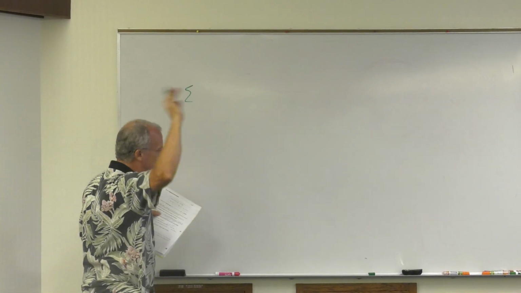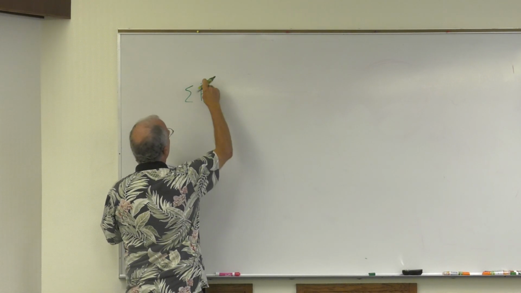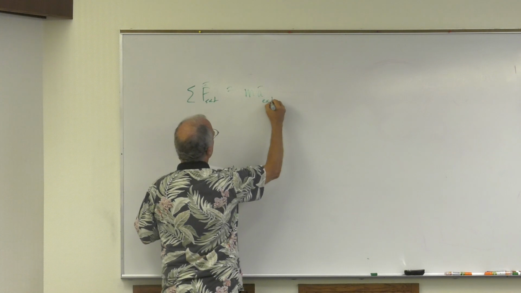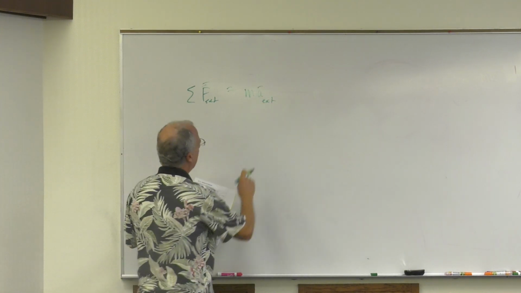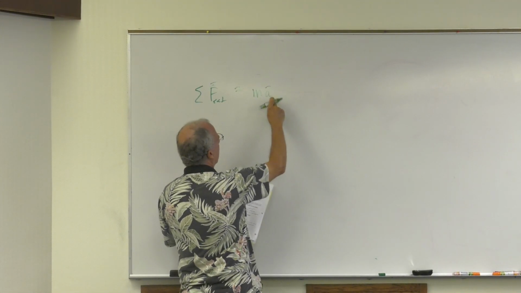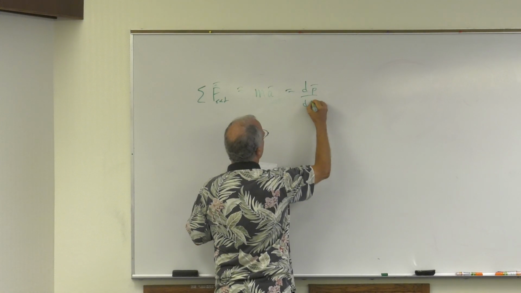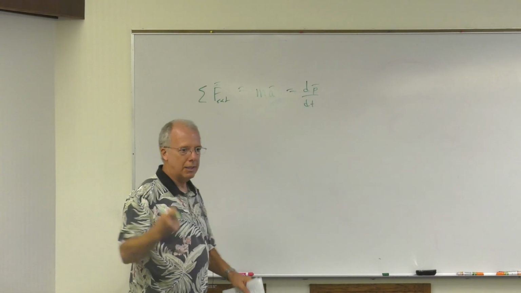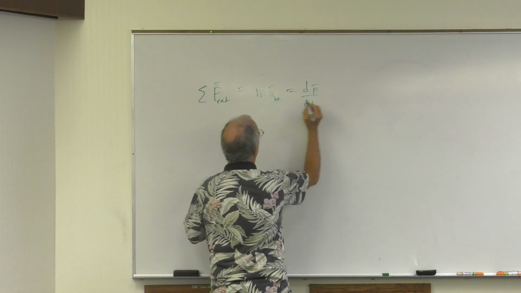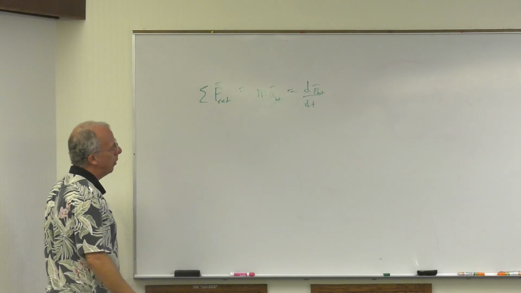I'm going to write it with the sum sign and everything: the sum of the external forces equals m a. Sorry, I should have said total. The sum of the external forces equals m a total, which equals dP total over dt. Remember Newton like that?